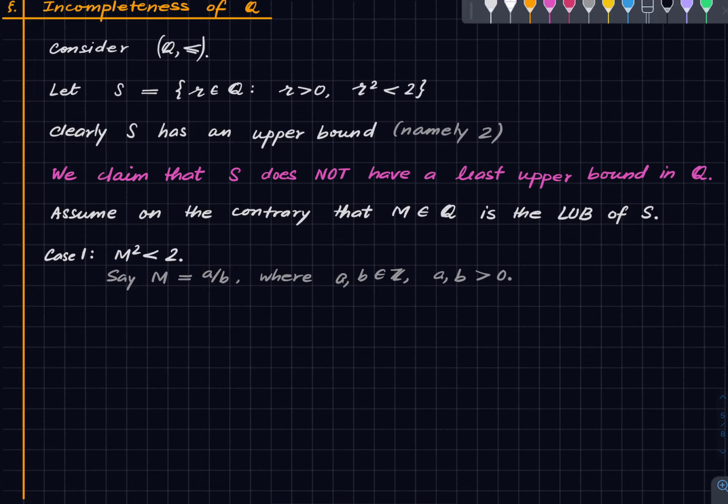Okay, and say at the same time, 2 minus M square, which is a positive rational because of this assumption, is C by D, where C and D are positive integers.